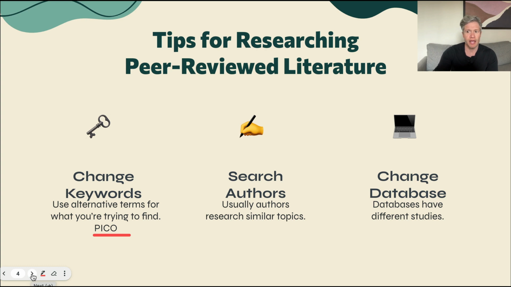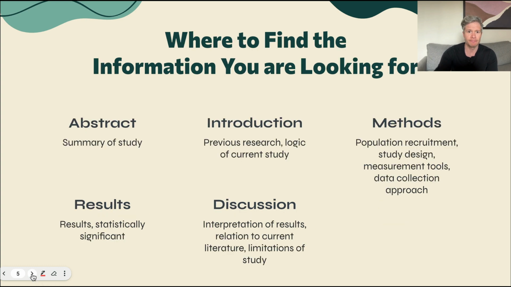Good. So once you have that, and you have found your study, where do you actually find the content and the information you're looking for? Oftentimes, nowadays everyone feels pressed for time, and so being able to do things efficiently is great.